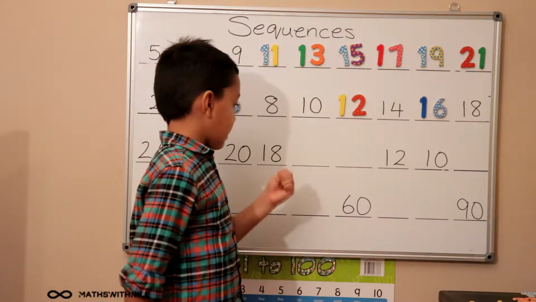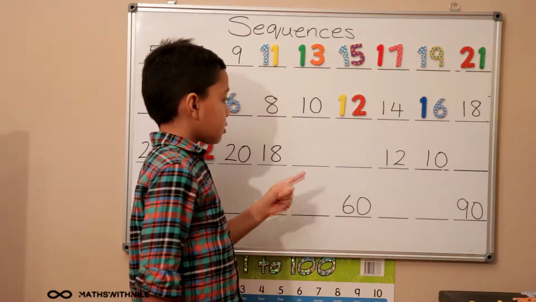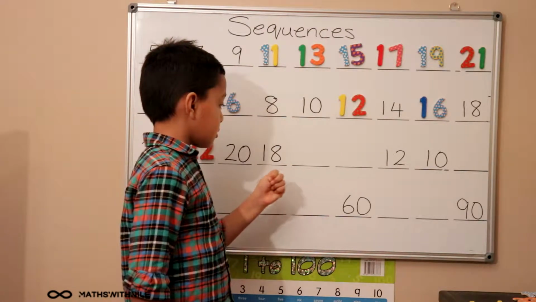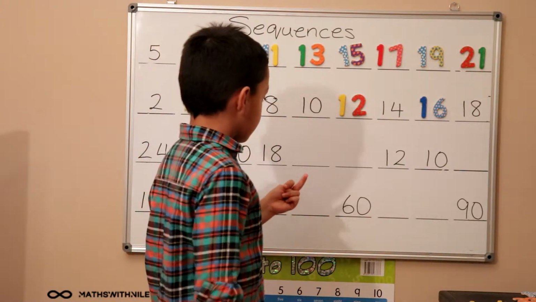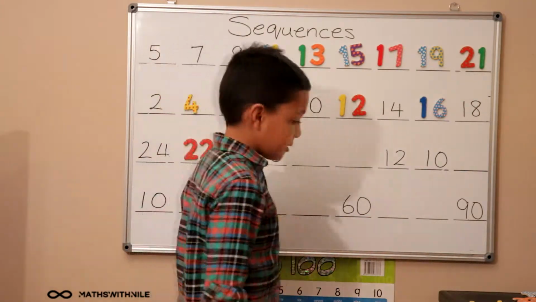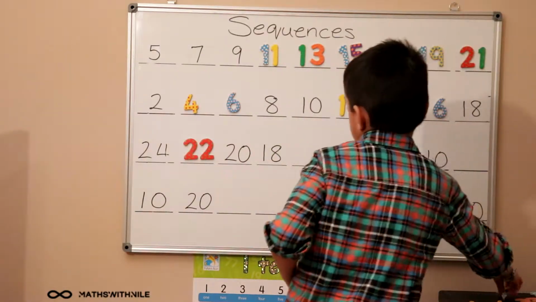18 take away 2, so can you practice counting 2 down on your fingers, Nile? So 18 and 2 left. 18, 17, 16. Good. 16.